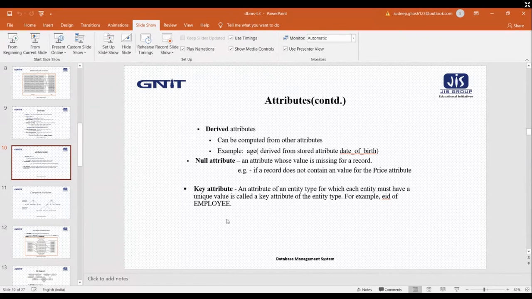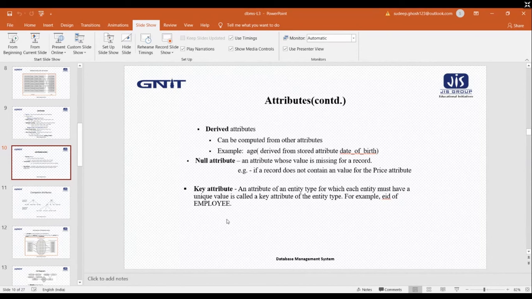That means the attribute that is unique for each entity is called a key attribute. Through key attributes we can identify each entity individually or uniquely. For example, the roll numbers of students are unique. So we can uniquely identify the students using the roll number.